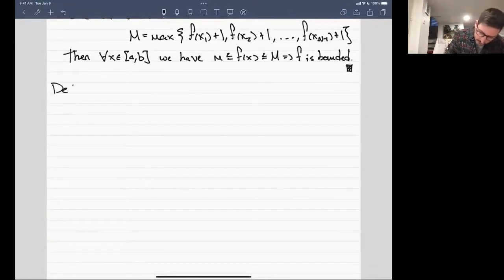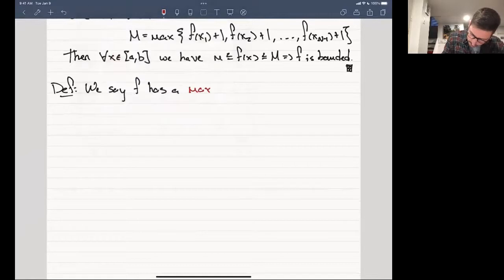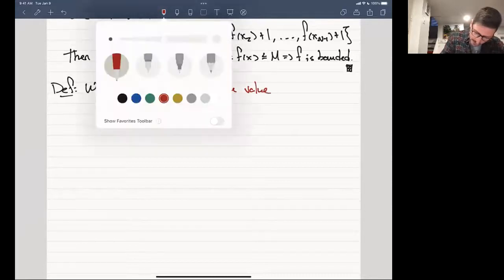So our definition says, we say f has a maximum value, we'll call this capital M again.